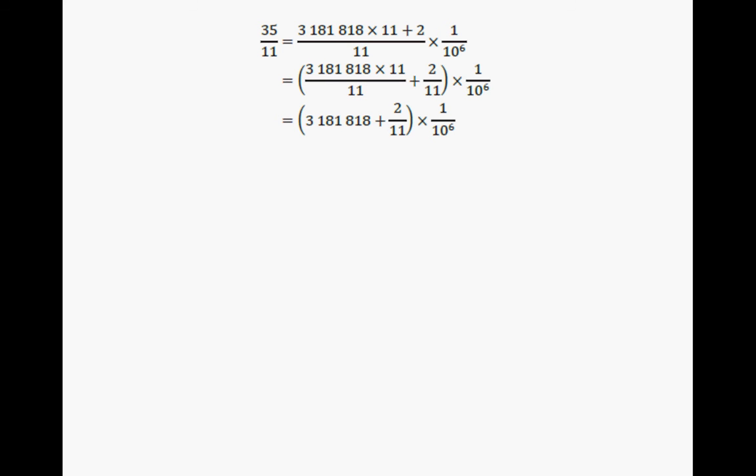Well, now since the 11s cancel out, we have 3,181,818 plus 2/11 times 1 over 10 to the 6th power.